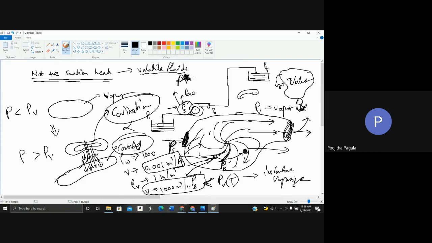In this way, you can avoid cavitation. So net positive suction head is defined as PS minus PV. This is NPSH.